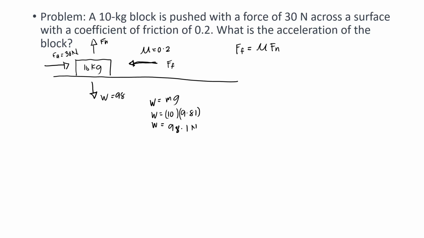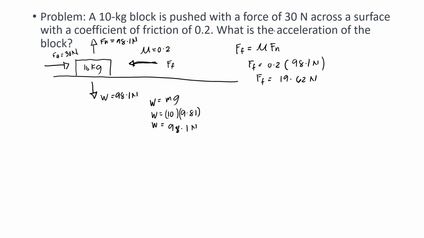So weight is 98.1 Newton. Therefore, the value of the normal force is also 98.1 Newton, guys. Now we can solve for the frictional force. The coefficient value is 0.2 while the normal force is 98.1 Newton. So solving for the frictional force, we get 19.62 Newton.